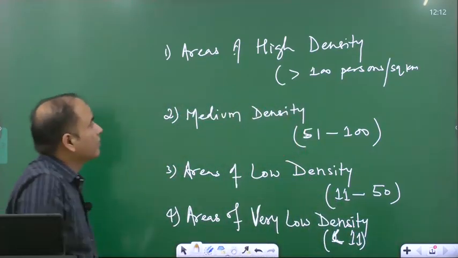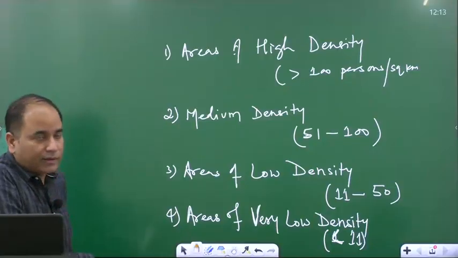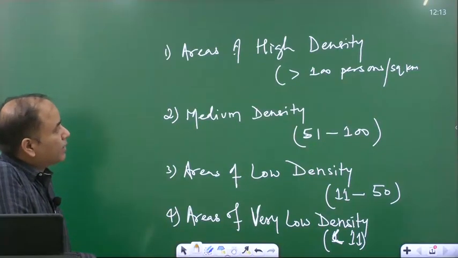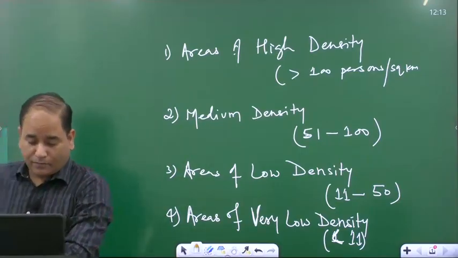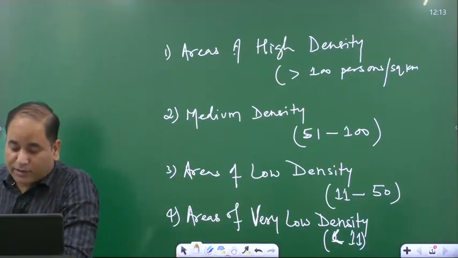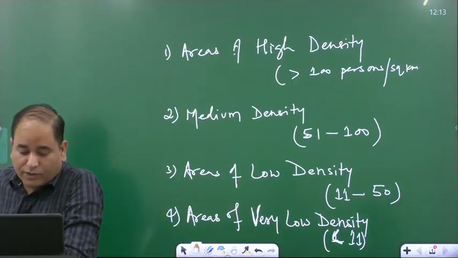Okay. So areas of high density, all those areas where the population density is more than 100 persons. Please write a few of the countries where the population density is more than 100.